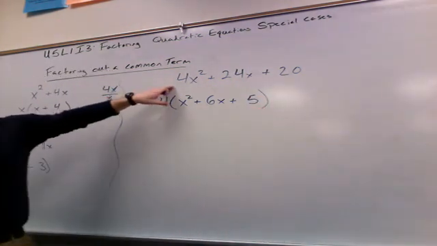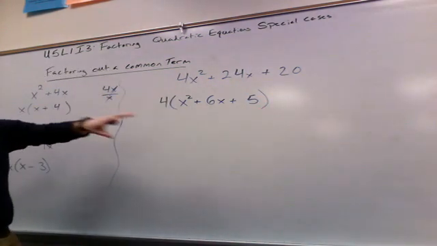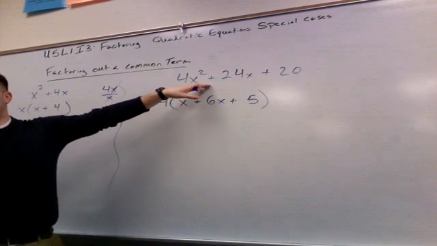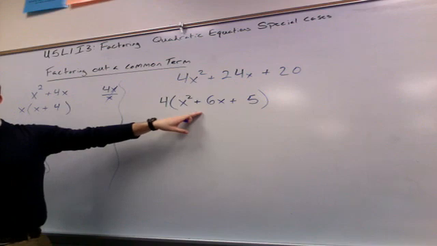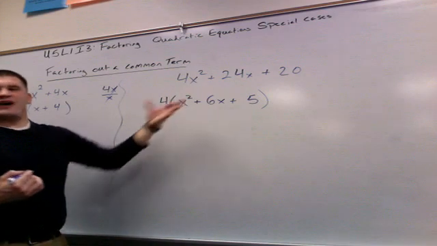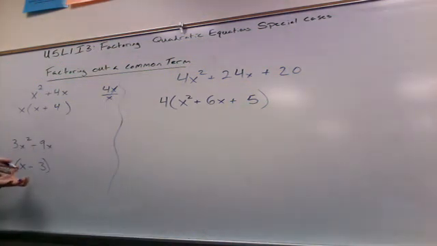Now I took one where a was 4, and I turned it into a situation where a is 1. Which one's easier to factor, the 4x squared one or the x squared one? The x squared one. So by factoring out that 4, I took a potentially difficult problem and turned it into a fairly easy one.